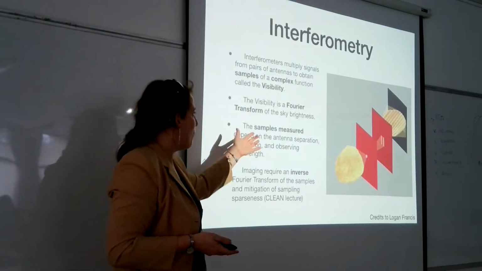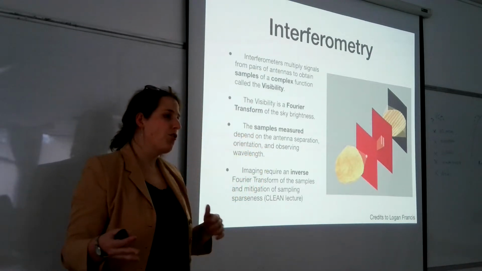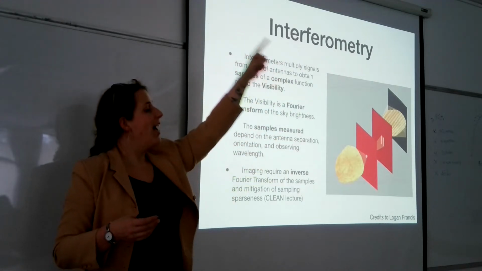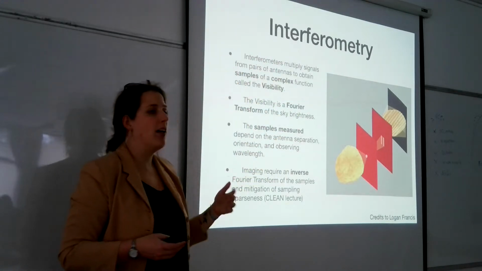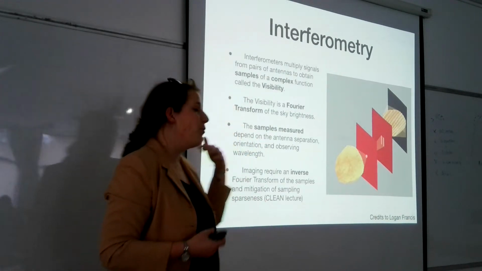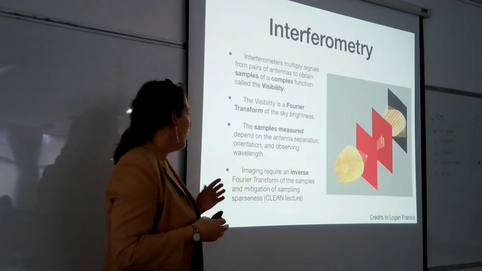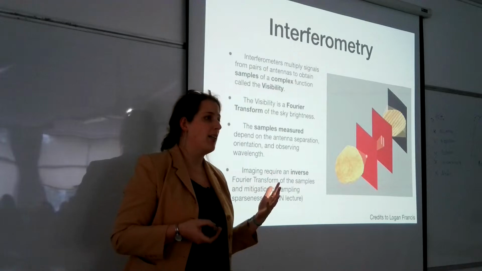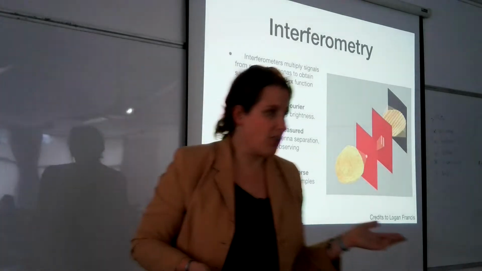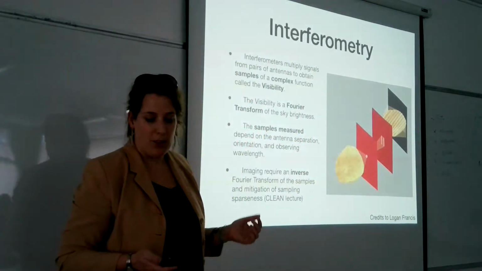The samples measured depend on the antenna separation, but also on the orientation of your object, so basically how high it is in the sky as a function of time, and also on the observing time. When you measure these visibilities, you then need to do an inverse Fourier transform in order to go back to an image, and this is what we will discuss later on. This is the so-called cleaning or imaging of visibility data.